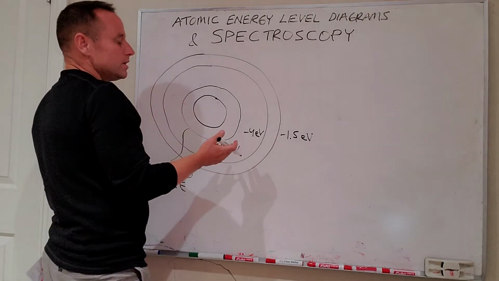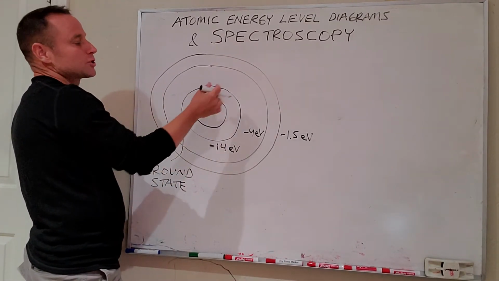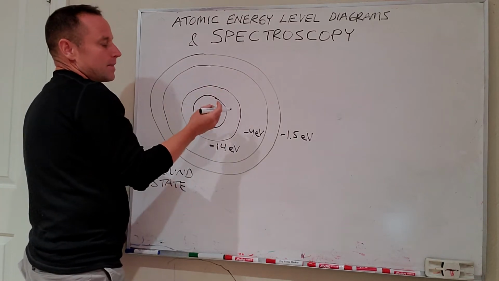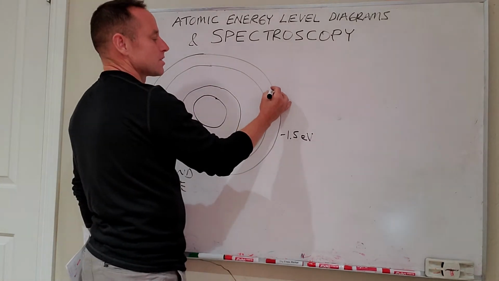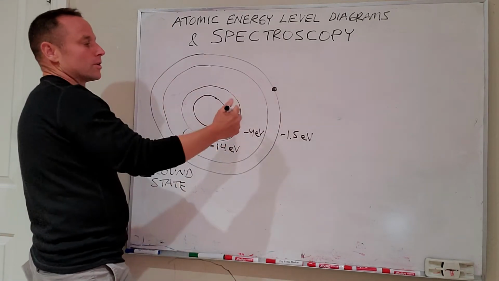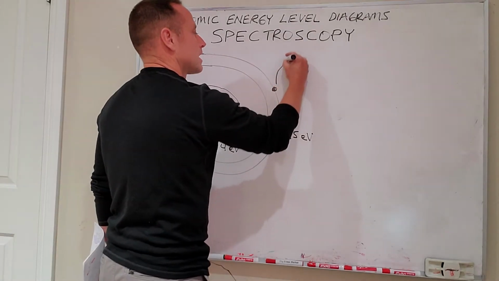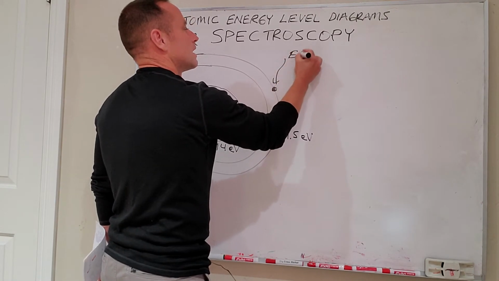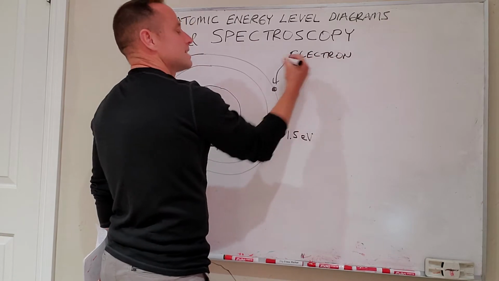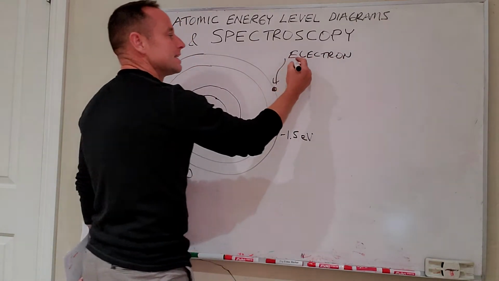And if we put an electron in these levels, let's say the atom is excited, and so the electron is out here in this outer level. Okay, so here's an electron, and we'll call it in an excited state.